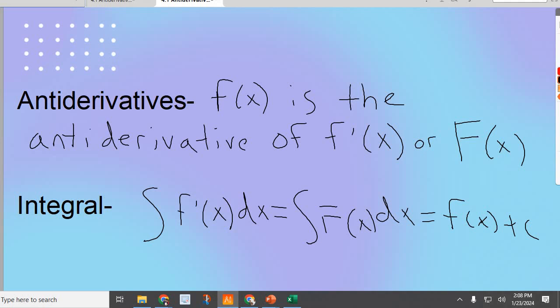Now, that dx is just telling you what you are taking the antiderivative with respect to. Just like we have a dy dx, and that bottom d whatever tells you what you're taking the derivative with respect to, the dx just tells you what you're taking the antiderivative with respect to.